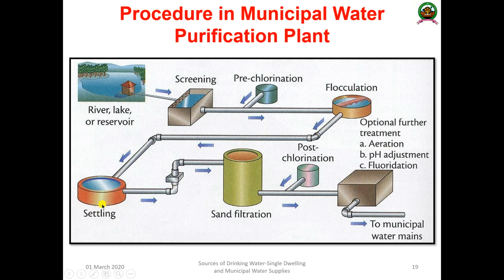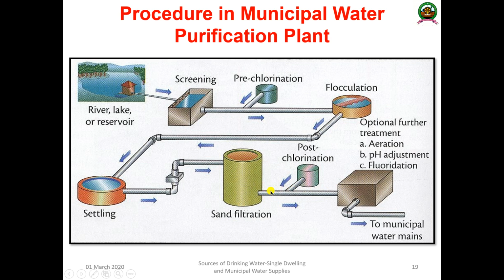Then it goes to the settling tank or sedimentation tank, where the large particulate material settles at the bottom, and the water is transferred to a filter with a sand filter, after which most of the water impurities are removed.